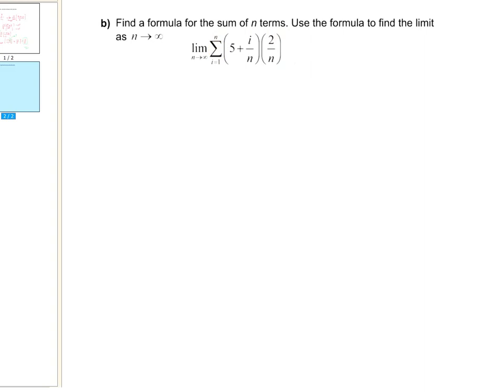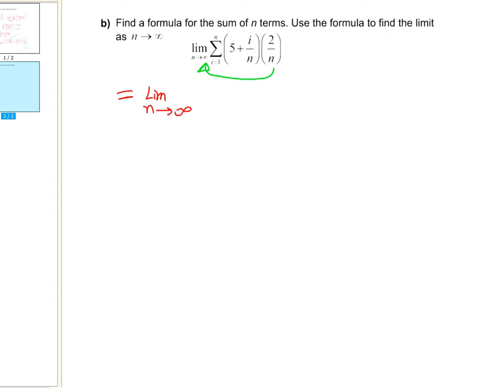So if I want to find this, first of all, I rewrite the problem. Limit as n approaches infinity. And we will take this constant, I will take it outside the sigma, but not outside the limit.